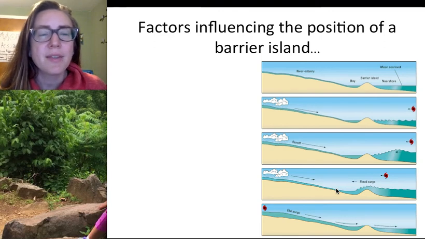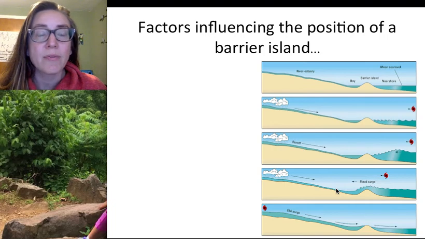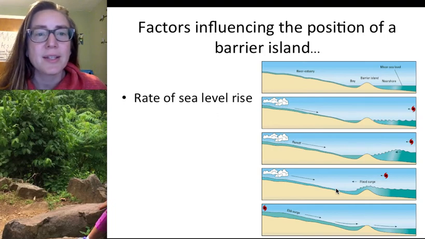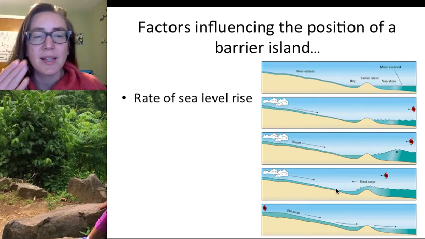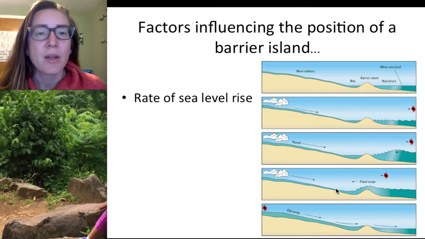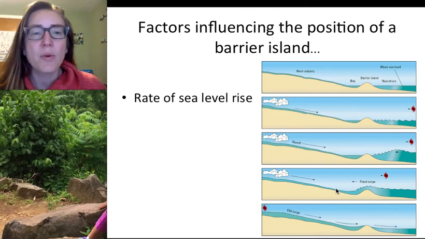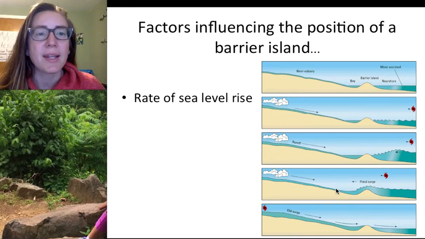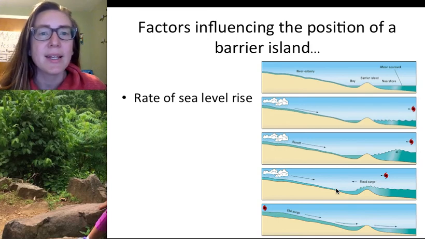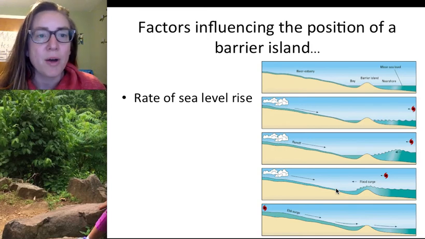So the factors then that are going to influence the rate at which a barrier island will form. Well, the first one is going to be the rate at which sea level is rising. As we know, global warming is happening, and as global warming is happening, it is releasing more fresh water that's trapped in glaciers into the ocean environment.